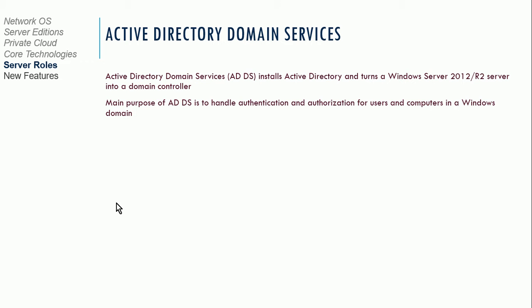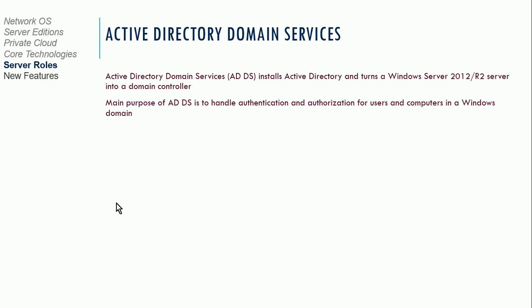We talked about Active Directory under core technologies as well. I would say that Active Directory is probably one of the things that you really can't replace with any other type of server operating system. It's kind of one of the killer apps, you could say, for Microsoft Windows Server.